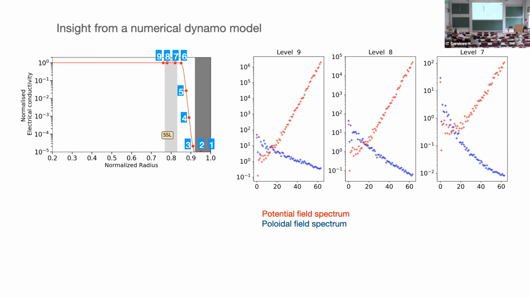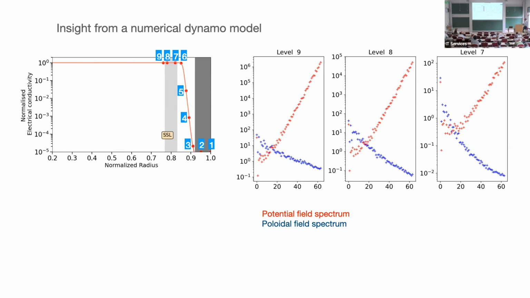But even here at level 7, if one's just looking at the low degrees, there's still a surprising degree of similarity in the 2 spectra at low degrees. And you'd expect them to be more similar at low degree than at high degree.